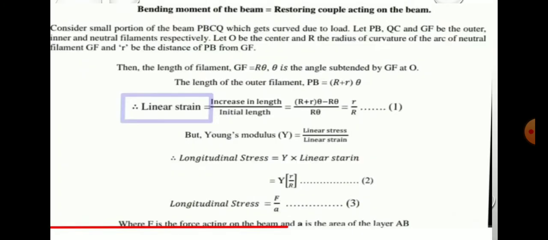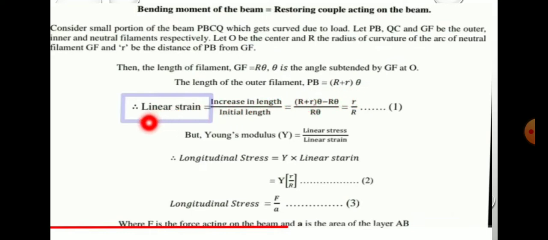Then the length of the outer filament is given by PB is equal to R plus r into theta.